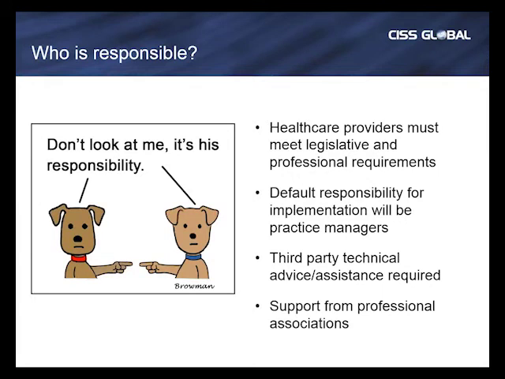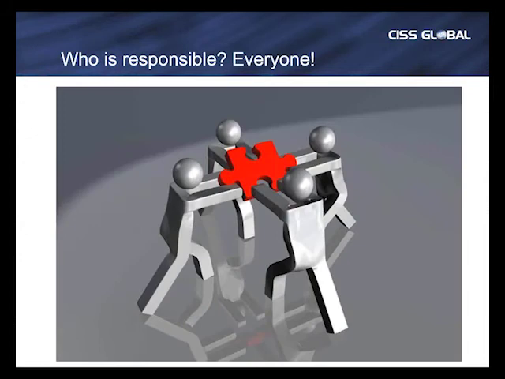Often when you need third-party technical assistance or something from outside, you still need to be very aware of what is going on and ultimately responsible for whatever you have contracted or got other people to do. But there is a lot of help and support that you can get from different professional associations. Obviously, these webinars are part of that today. And ultimately, who is responsible?